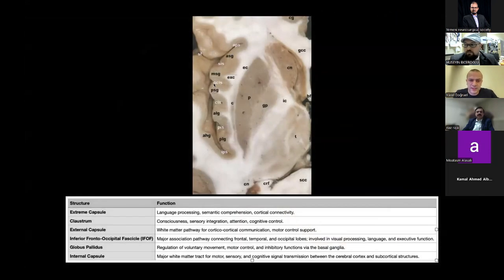So here we can see the insular cortex and deeper structures, as I mentioned. And these are very important structures which have many functions like consciousness, sensory integration, motor control support, and various other functions.